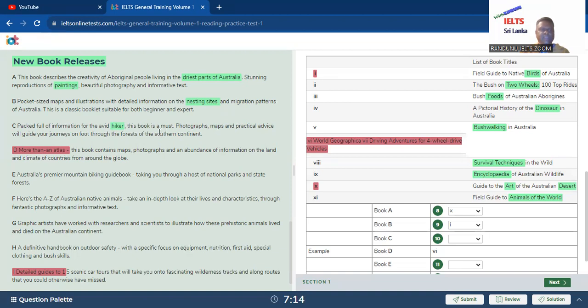Again you can see here journeys on foot through forest, right? So bushwalking is the same idea. It's a very straightforward answer. C, answer is 5.